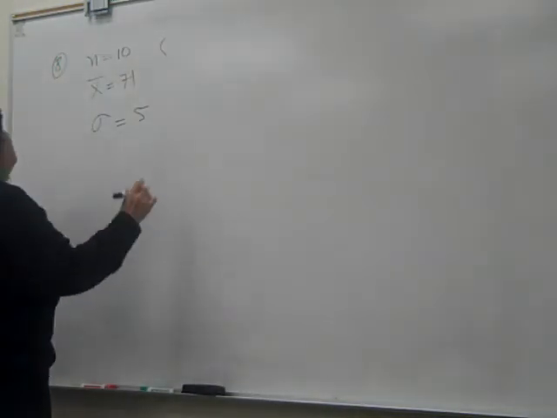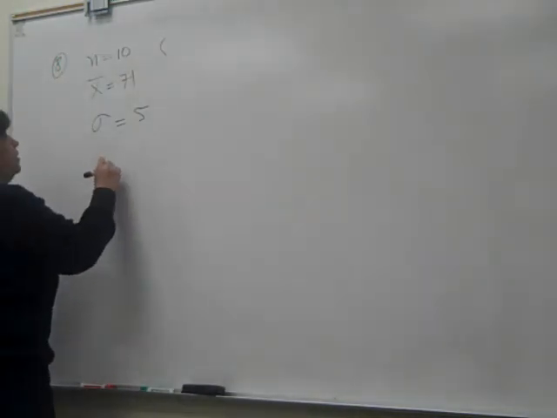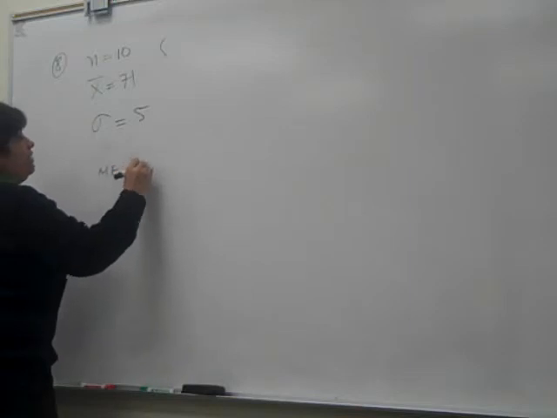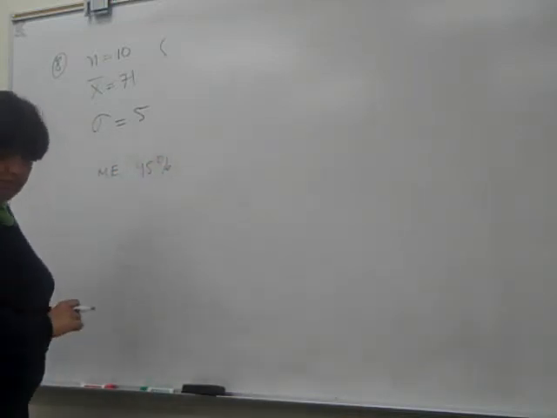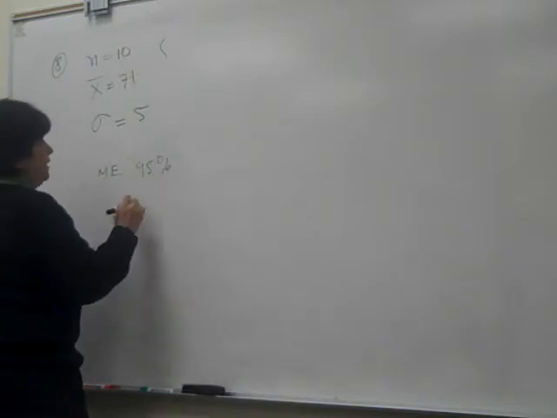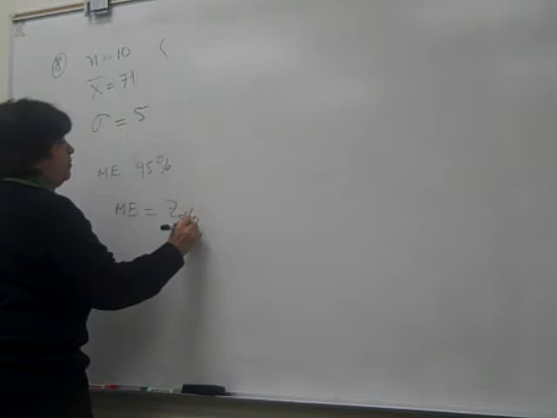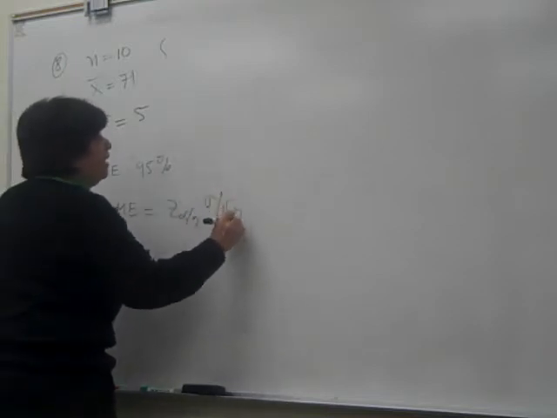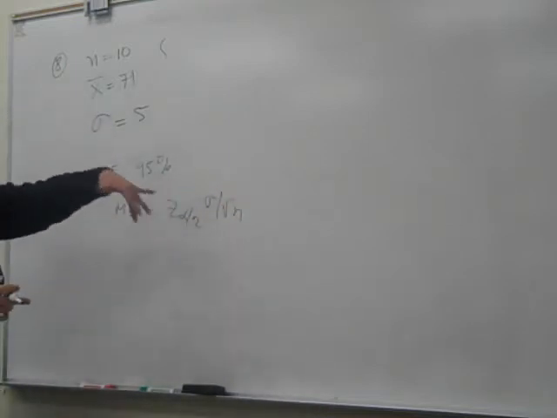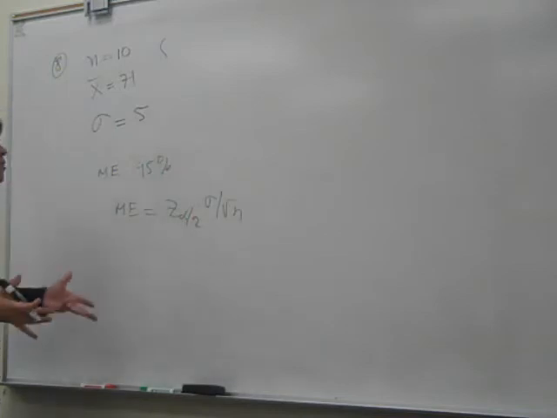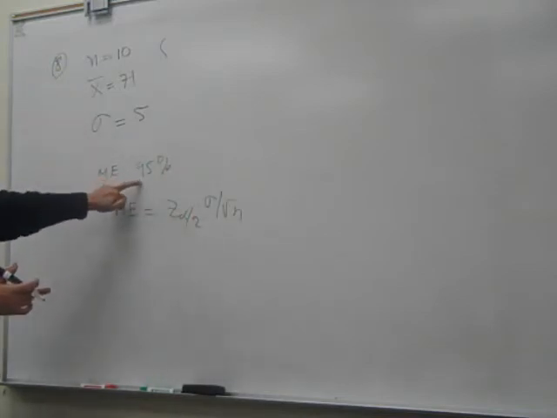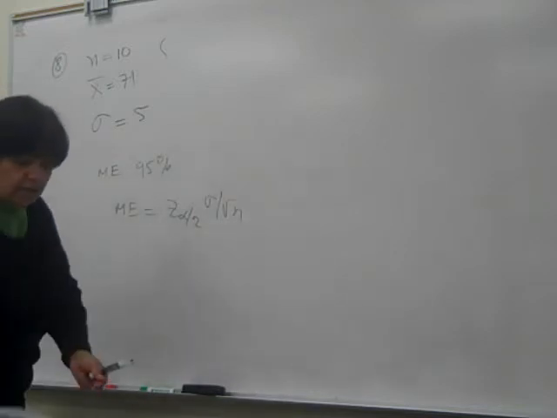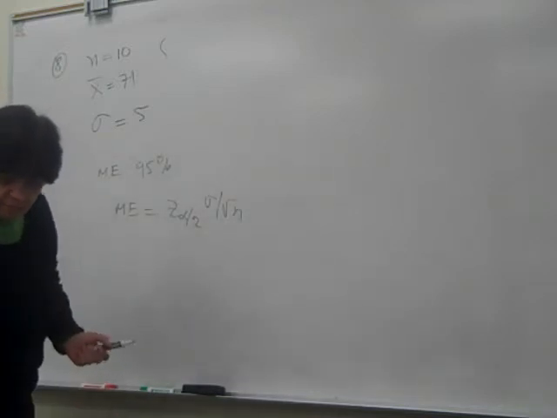Now, what is then, in this problem, the margin of error? The margin of error with 95% confidence level is z of alpha divided by 2 times sigma over square root of n. This is the formula, so just plug the numbers in. What is the z of alpha divided by 2 when we are dealing with 95? Check the table.